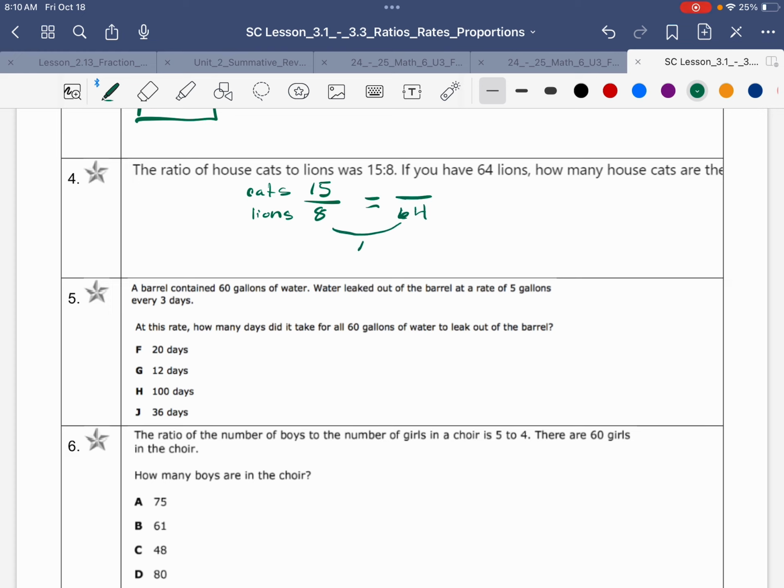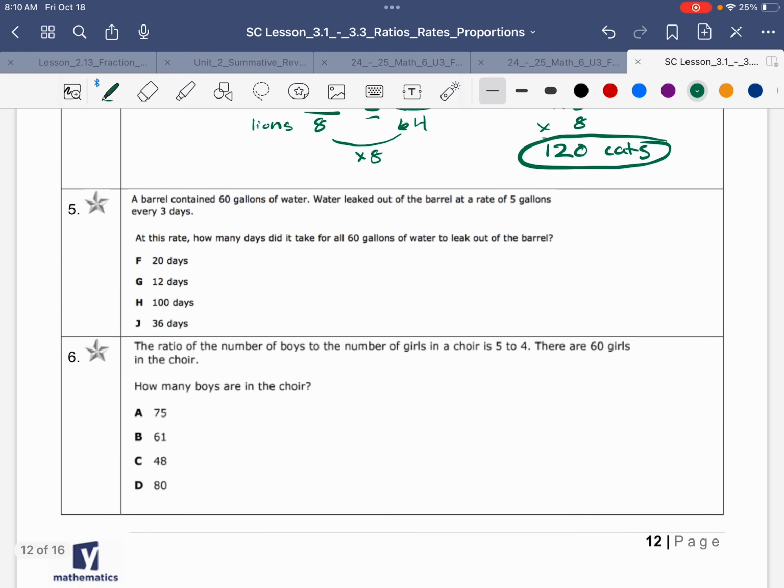Here to here, I know that's times 8 for my scale factor. Do the same thing for the top. So you end up with 15 times 8, which is 120. 120 cats.